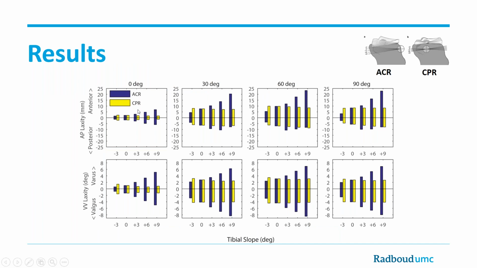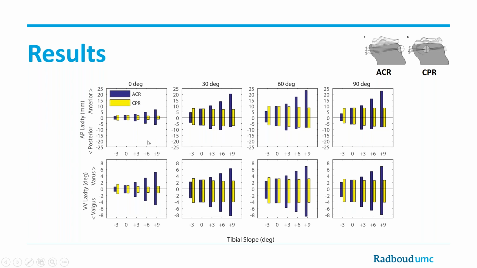The blue bar represents the tibial slope with the anterior cortex referencing, whereas the yellow bar represents the central referencing. The first row is the results for the AP laxity, and the second row is for the varus-valgus laxity.